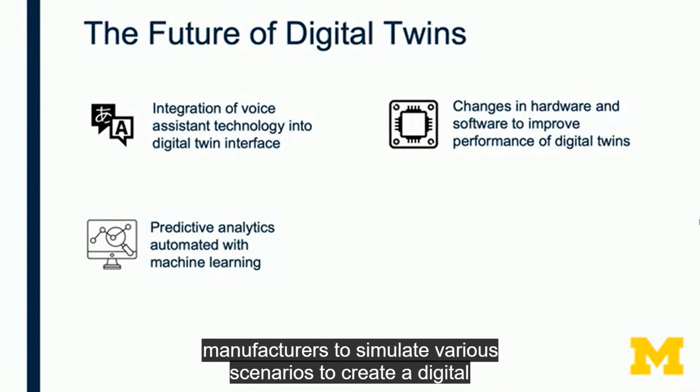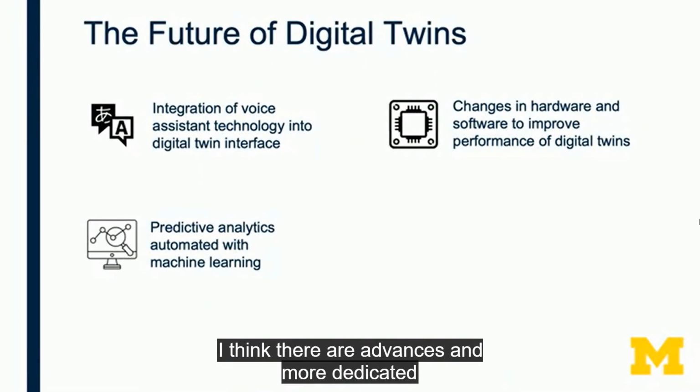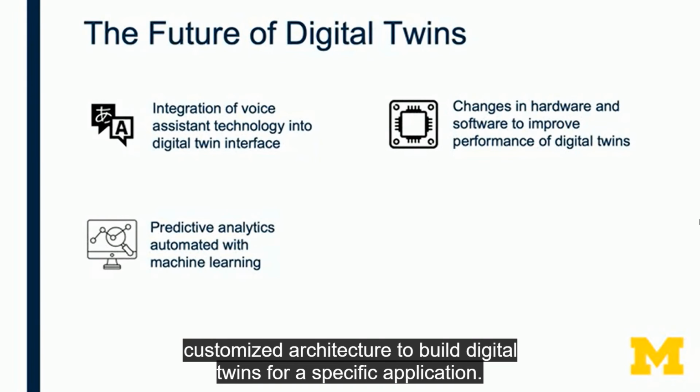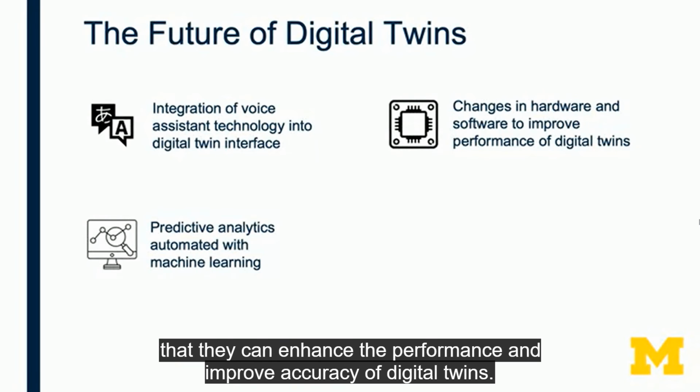In order to create that capability, there are advances in more dedicated chip technology, where companies would go for dedicated or customized architecture to build digital twins for a specific application, whether it is an automobile or a part in an automobile, so that they can enhance the performance and improve the accuracy of digital twins.